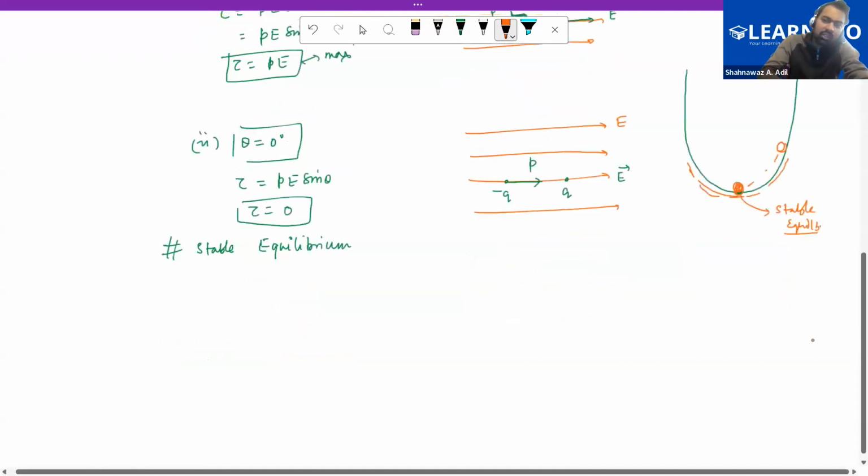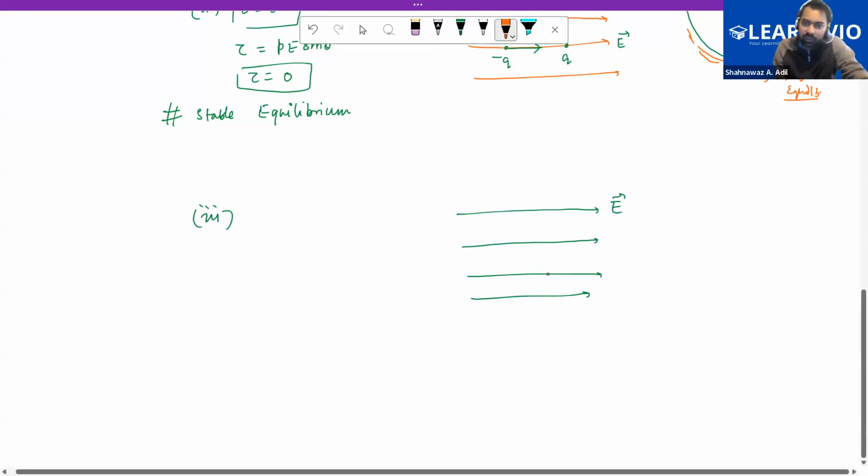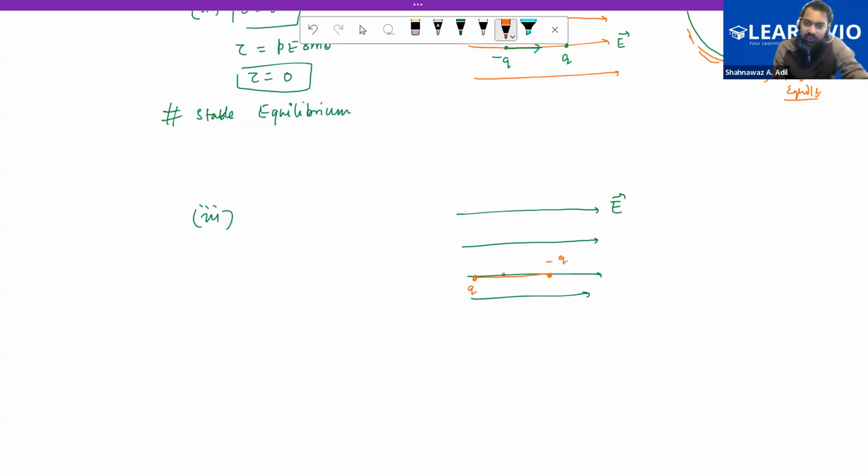Now the last special case is this one. So you have an electric field, let us draw a few diagrams, and then you place the dipole in this manner. What is the angle now? 180 degree, because of the opposite direction.